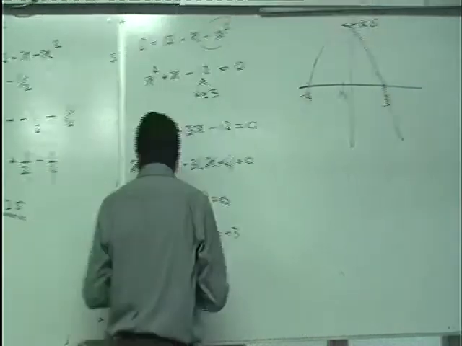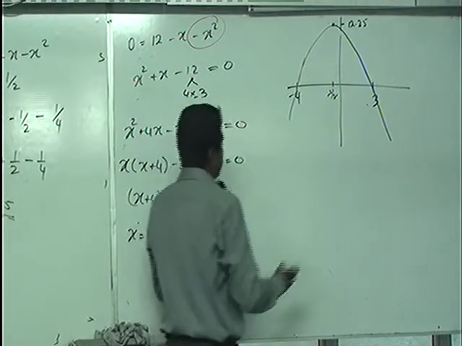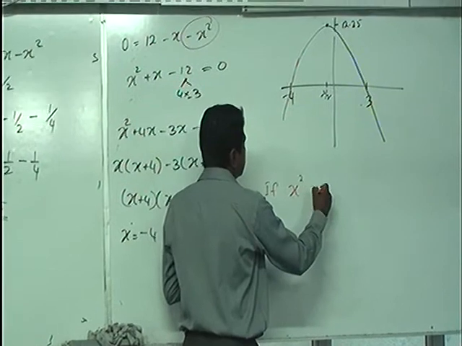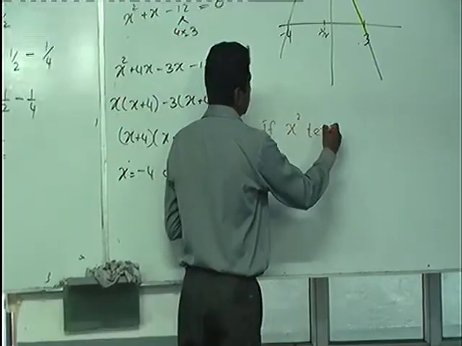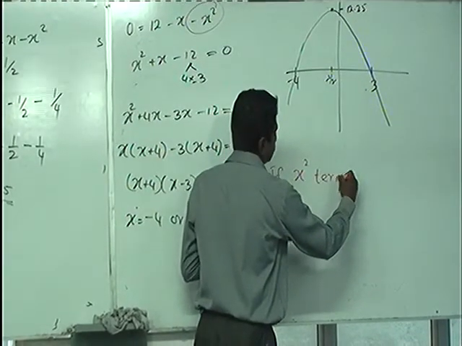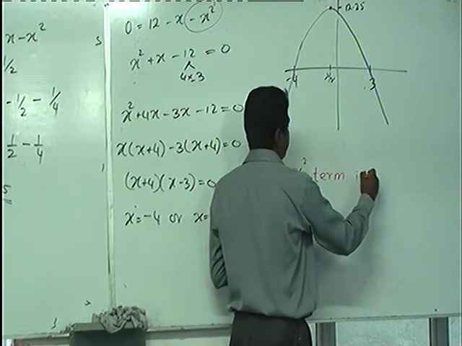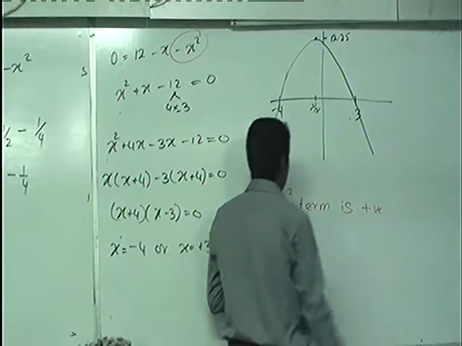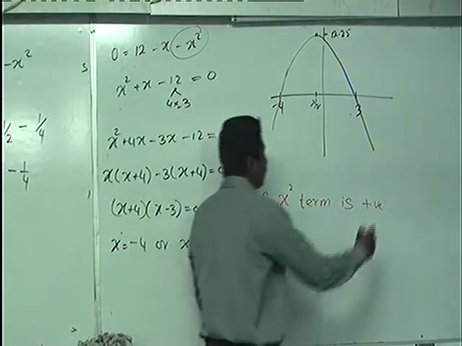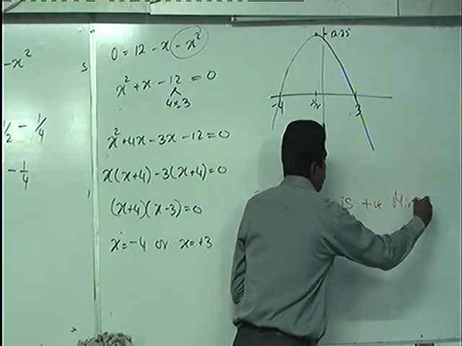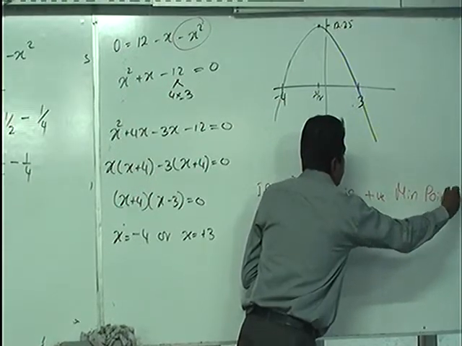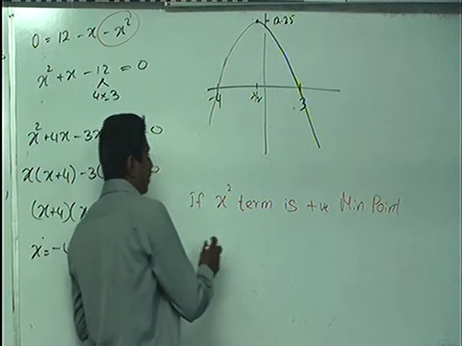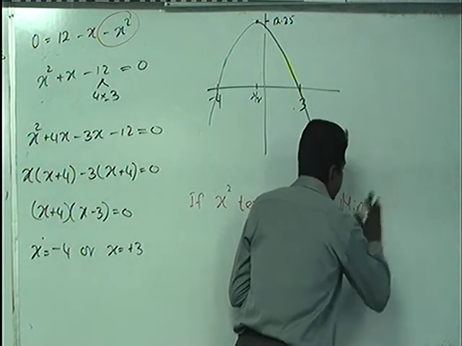Here, if x squared term is positive, minimum point or minimum curve, you can obtain minimum point or minimum curve, say.